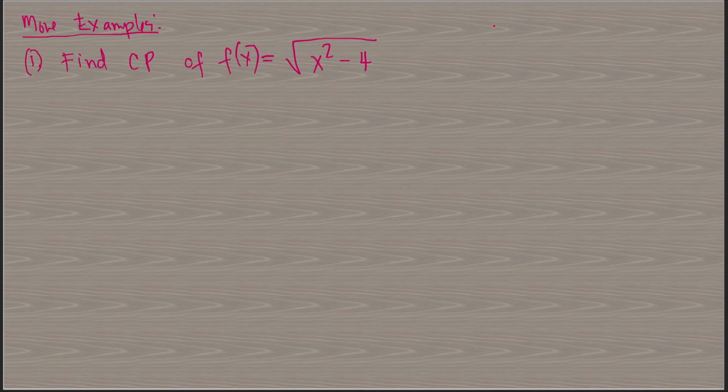By the way, before moving on, we will first find the domain of our function. What are the allowable values of x that we are allowed to substitute so that our function will work and not commit an error? Remember, we cannot get the square root of a negative number.